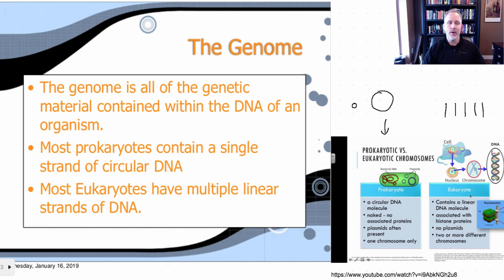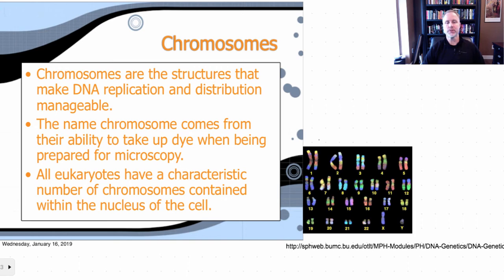And typically with a bacterial genome, there's one chromosome, whereas with the eukaryotic cell, there's typically many different chromosomes. Okay. So the chromosomes themselves are named because they had the ability to take up some dye. So when you're looking at them microscopically, like you see here, you can see all of these different colors.